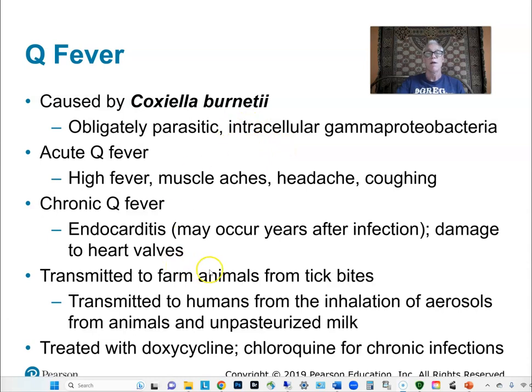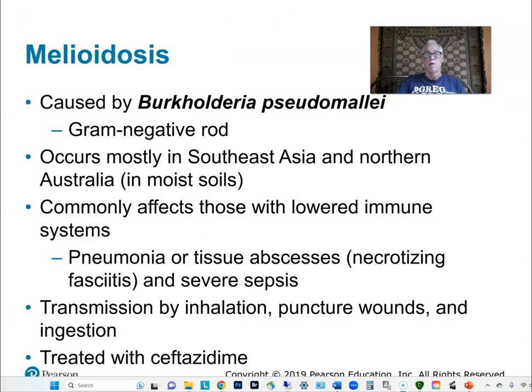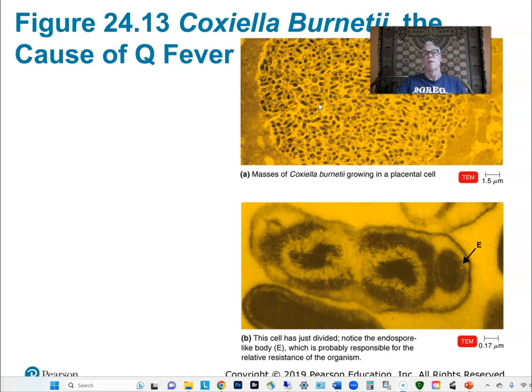The bacteria is prevalent in the placentas of farm animals when they deliver their young, and so you have all these placentas, say on a dairy farm when there's calving, a lot of calving going on. Then you have a lot of the bacteria in the environment, and they form these endospore-like structures, and then that's the way they can get picked up easily by people kicking around the farmyard, and that just shows a picture of the cells growing in the placental cell.